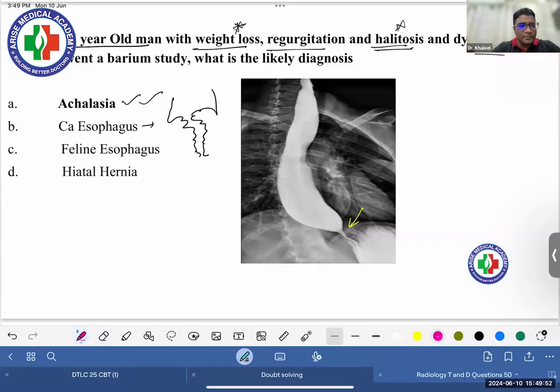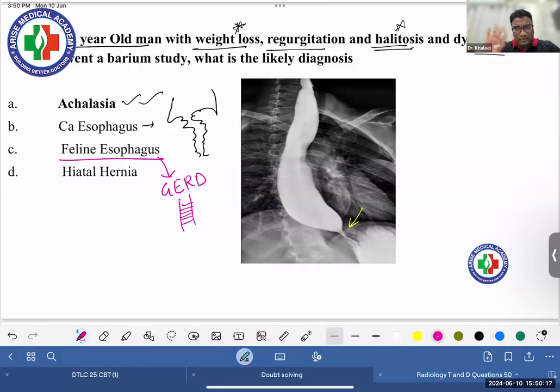Feline esophagus, what do you see? Where do you see feline esophagus? Be careful tomorrow. Try to see the irregularities and the shouldering to mark CA esophagus. Feline esophagus is seen in gastroesophageal reflux disease. You have that mucosal shiver, the esophageal shiver.